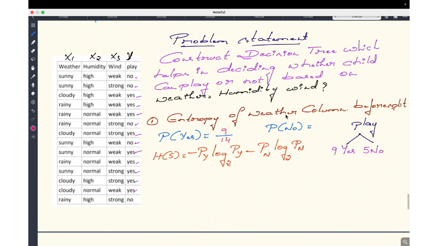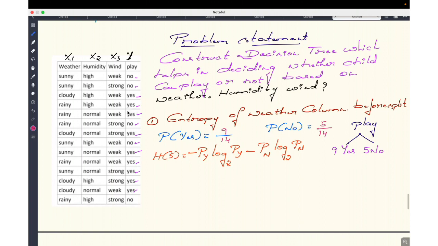Similarly, for the probability of no, out of 14 chances, there are 5 chances of playing no. Understood? Out of 14 chances, there are 9 chances where the mother says, okay, go and play. Coming to the probability of no, out of 14 chances, there are 5 chances where a mother can say you cannot play. This is how you find the probabilities.